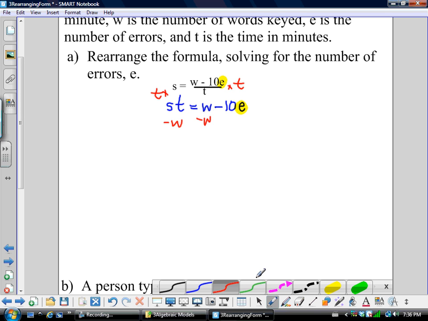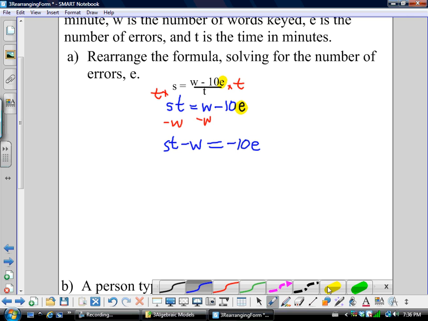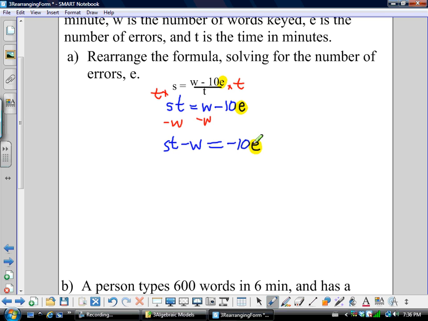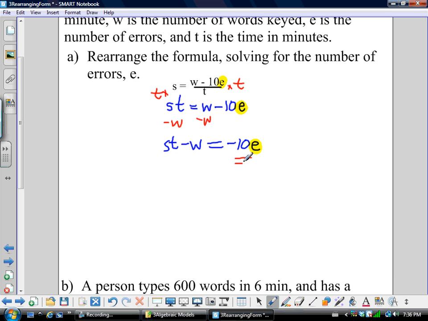When we do that, we end up with our equation being ST minus W equals negative 10E. Now you can see that we're getting closer to having that E by itself. The only thing we have to do now is get rid of the negative 10. Well, the negative 10 here is being multiplied by E, so that means we're going to divide both sides by negative 10.